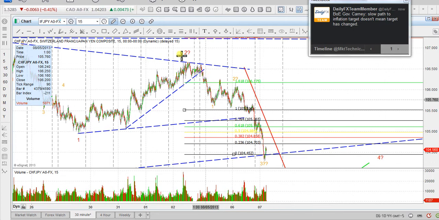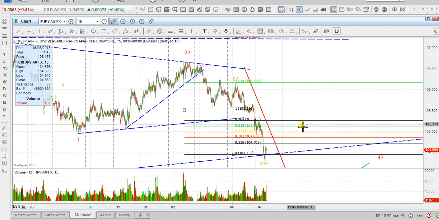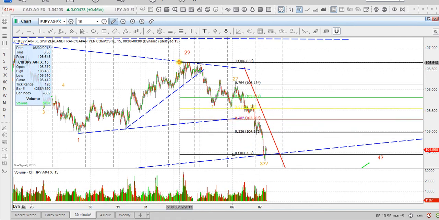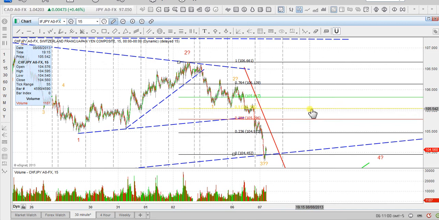We would just be in the subwave, so then the count would be 1, 2, 3, 4. So we get that 4 beyond that level, and then we get that wave 5. As stated before, wave 2 did a 50% correction, so a 50% move would break beyond the end of that larger wave 1.